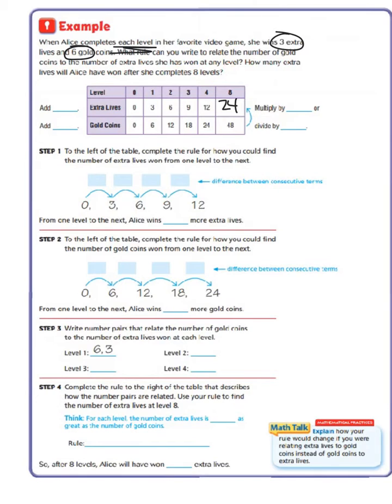So it says to add, because if you notice we kept adding 3: 0, 3, 6, 9, so add 3. Or down at the bottom it increased by 6: 0, 6, 12, 18, that was to add 6.